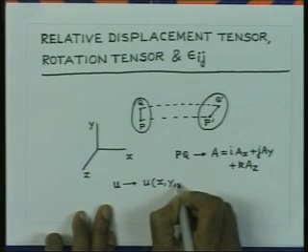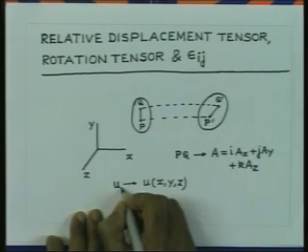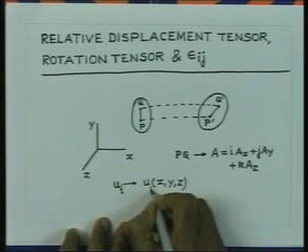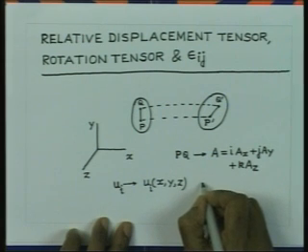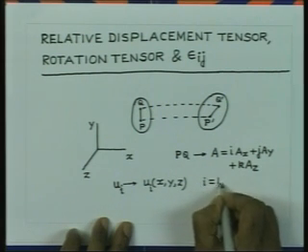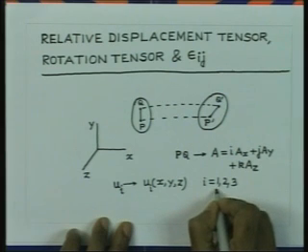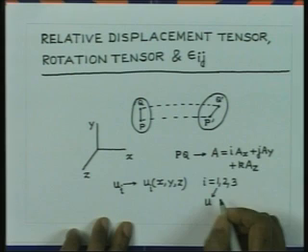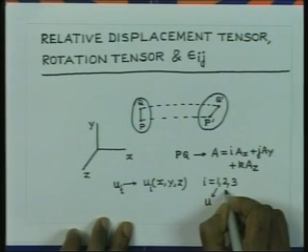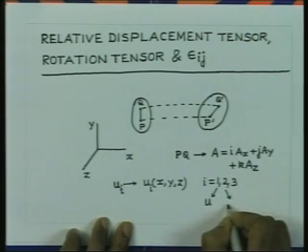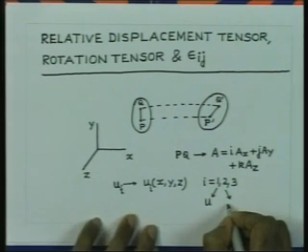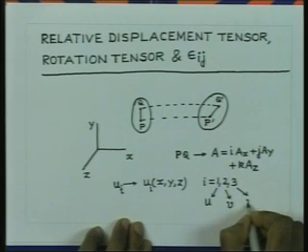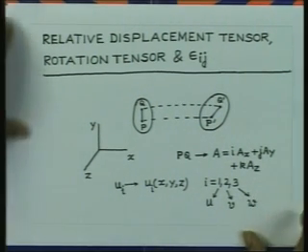So, if we try to write u i in the form of a tensor, it is going to be a function of x, y, z. i takes up values 1, 2, 3; to be specific, i equal to 1 indicates u, i equal to 2 indicates v and i equal to 3 indicates w.